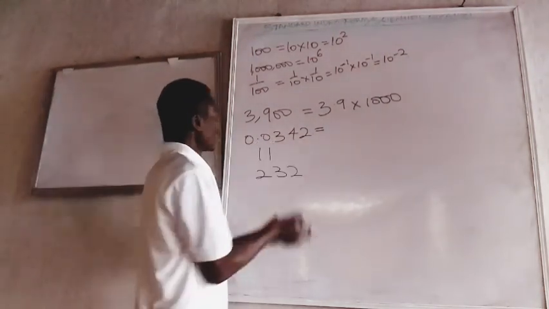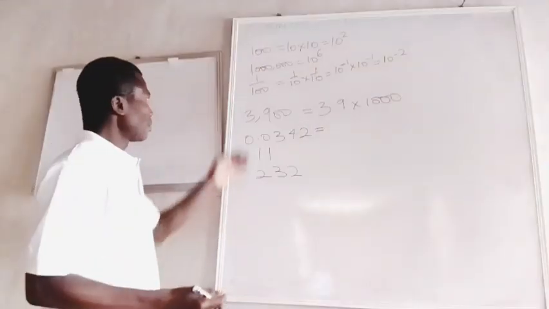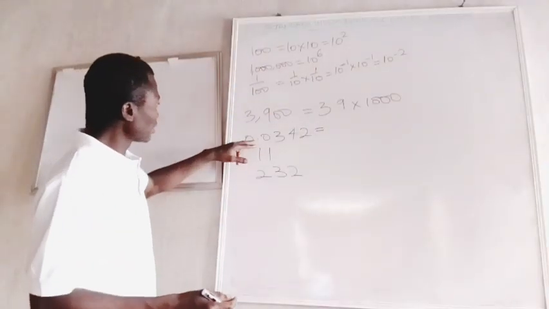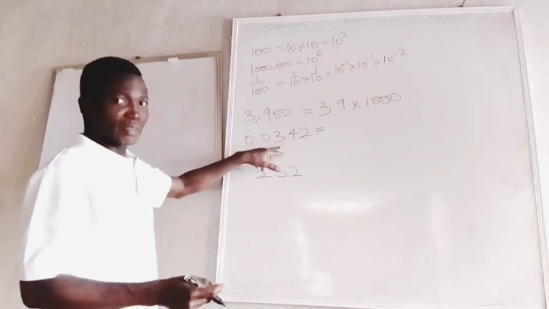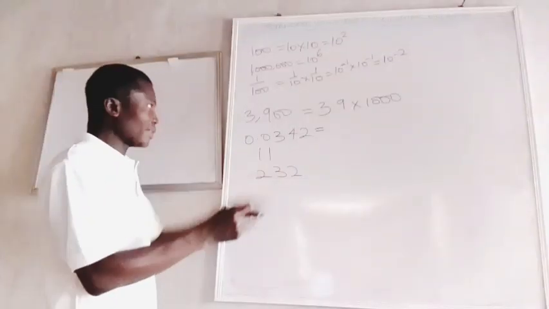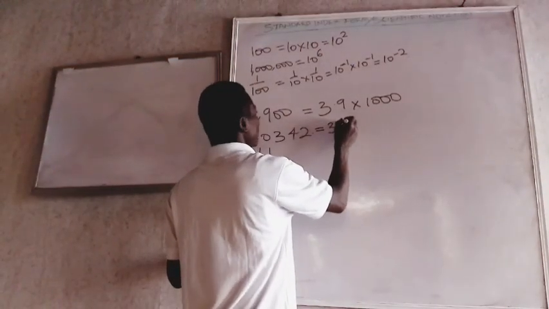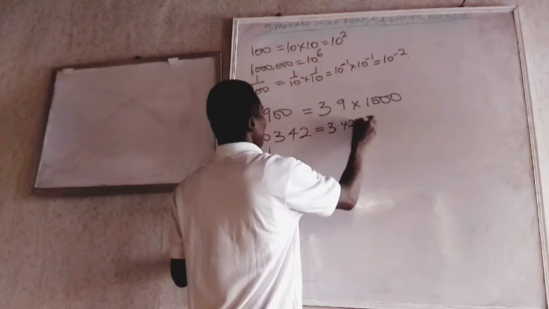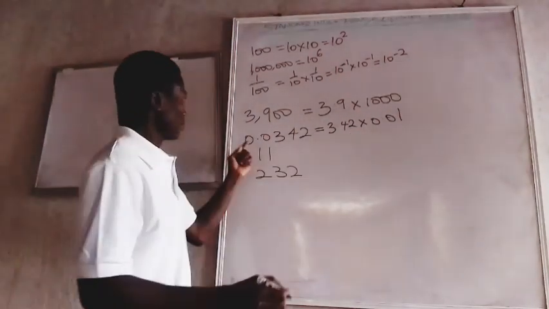Look at this, 0.03. So this is hundredths. You should have learned that one. This is 300s, hundredths. So you are going to have 3.42 times 0.01. You can see.